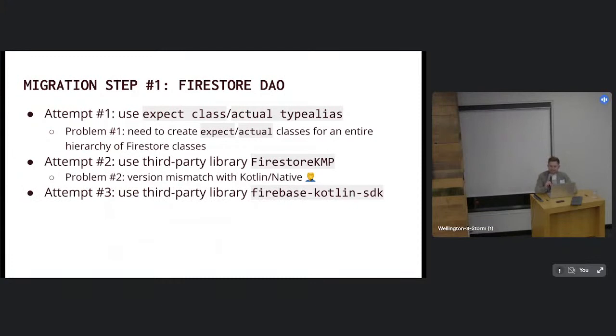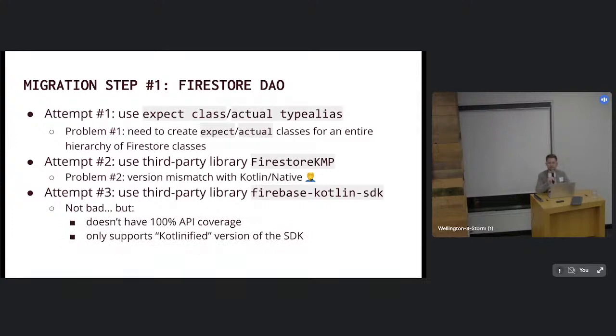And so my third and final attempt was using this other third-party library called Firebase Kotlin SDK, which is not too bad. It did most of the job that I needed it to, but it doesn't have 100% API coverage, which is a bit of a problem.